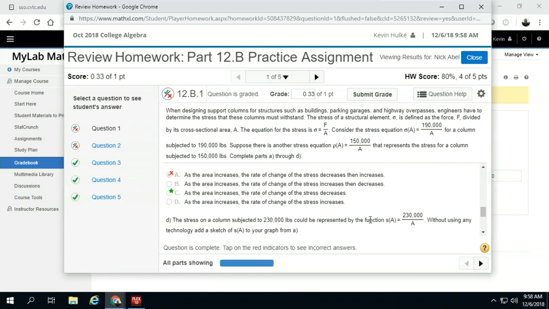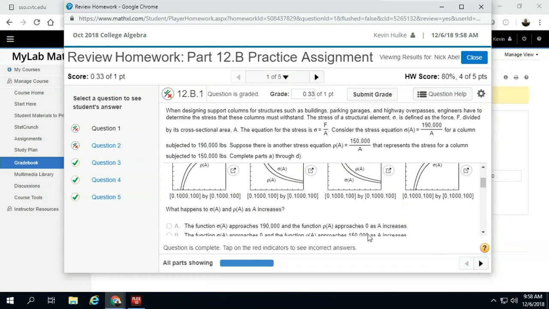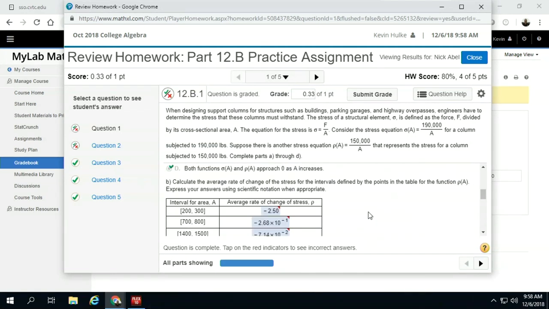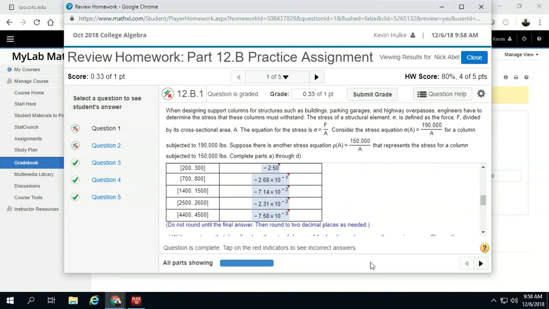Okay, so as the area increases, the rate of change of the stress decreases. You said then increases. Yeah, but can you go up and look at the table? Maybe that's the values that you got. So as the area is increasing, the numbers are getting closer to 0.